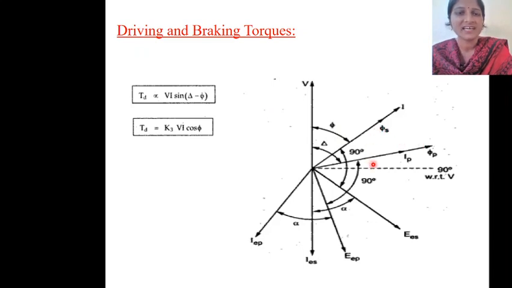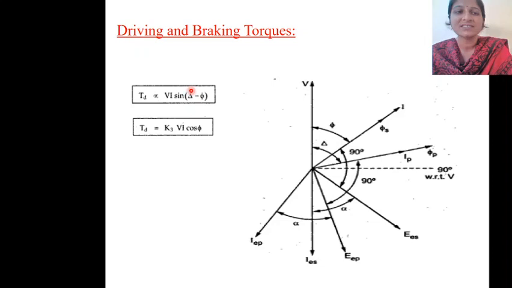This is the phasor diagram of the energy meter. You can observe phi p is the flux produced by the pressure coil, and phi s is the flux produced by the series coil. The angle between these two is delta minus phi. So TD is proportional to VI sine of delta minus phi.